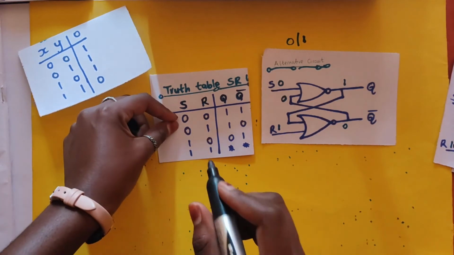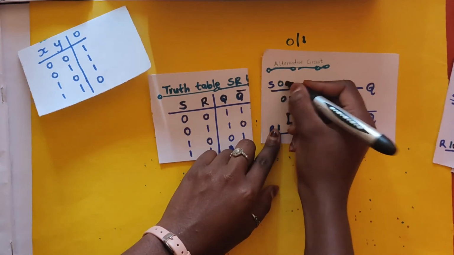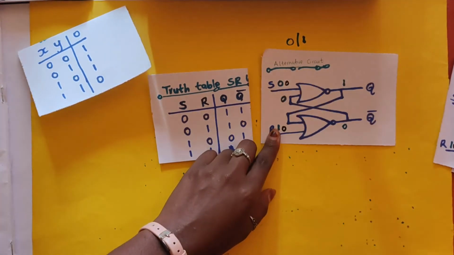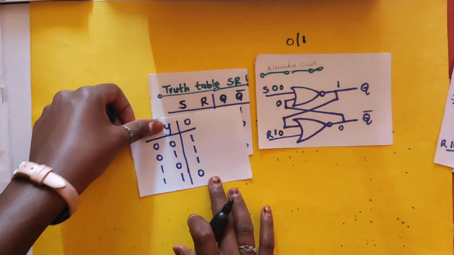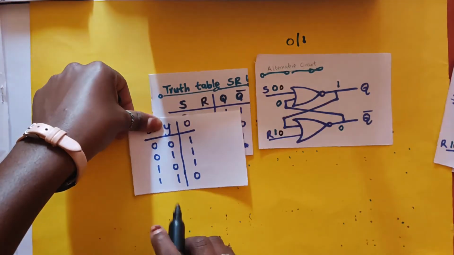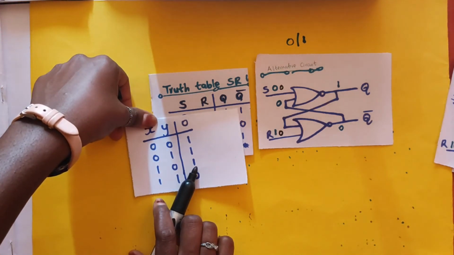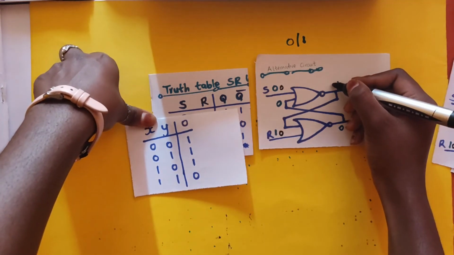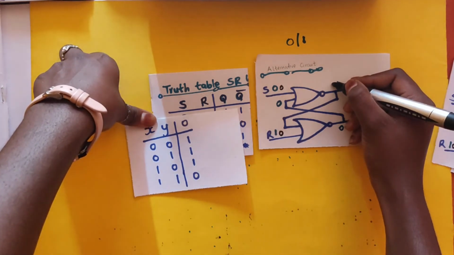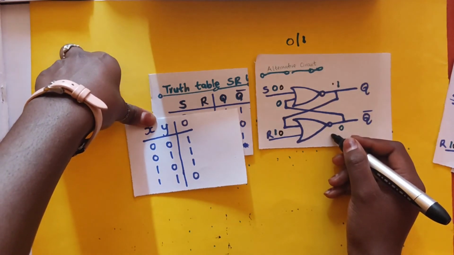Now, let's proceed to the last one. In the first one, we have a 0 in both entries. We're using a NOR gate, so we have a 0 here and a 0 here. Now, when we have both as zeros, it means we have a 1 at the output. So for this one we have a 1 at the output, and also for this one we have a 1 at the output.